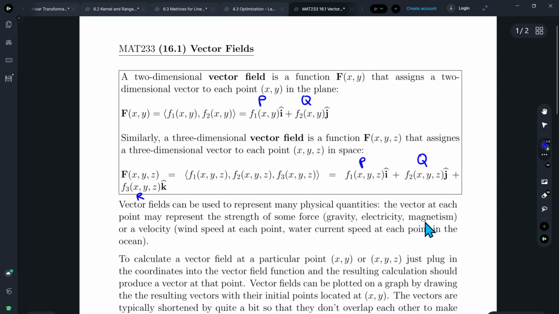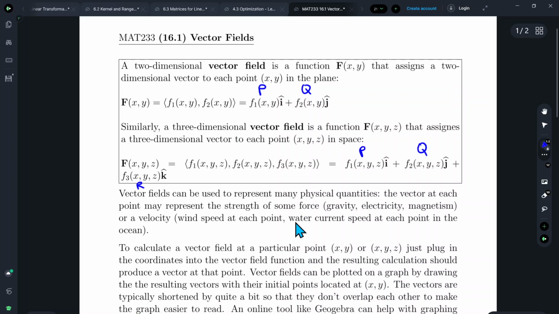And if you have a magnet, the force vectors could represent magnetic force. We can also use vector fields to represent velocity, for example, wind speed at each point, or water current at each point. So vector fields are useful in representing these various physical quantities.